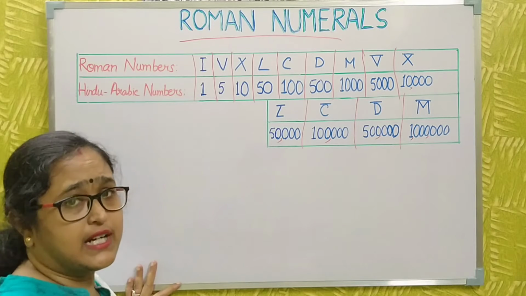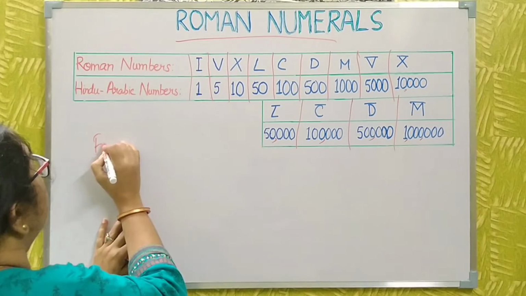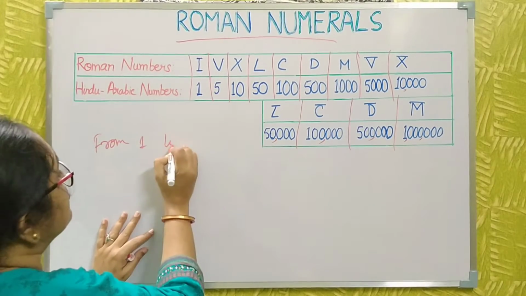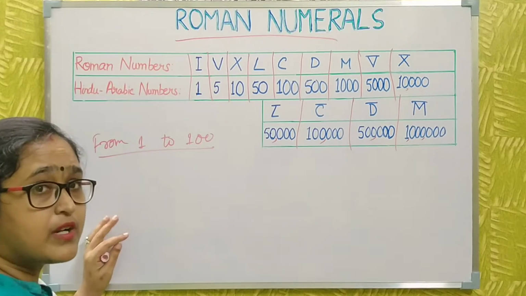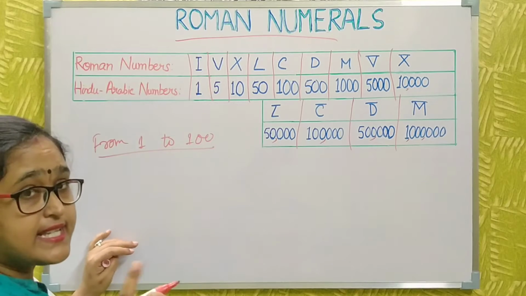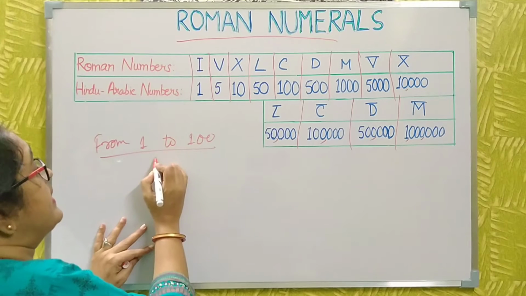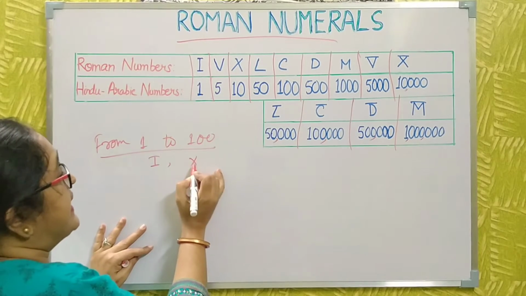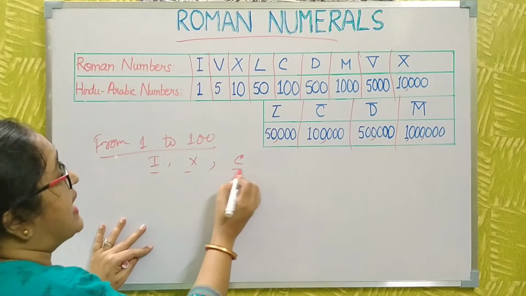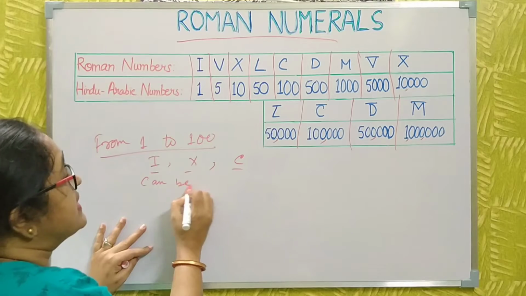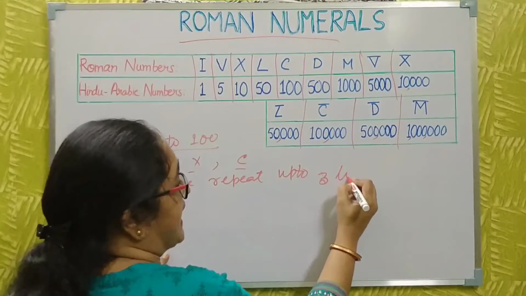Now, this is your task. All of you write Roman numerals from 1 to 100. Just to say something: the Roman numerals I, X and C, these three terms can be repeated up to 3 times.